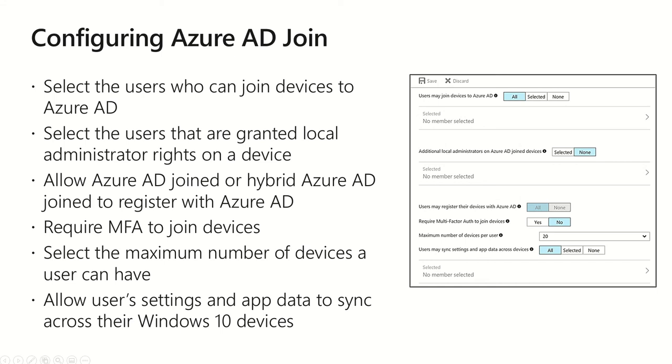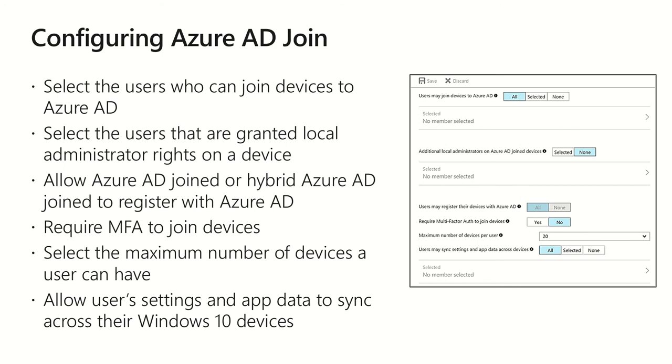And require MFA: you can choose whether users are required to provide a second factor authentication method to join their device to Azure AD. The default is no, but we highly recommend it. From Microsoft's point of view, MFA is recommended everywhere. If you use the cloud, you just enable it for everyone, doesn't matter what the situation is.